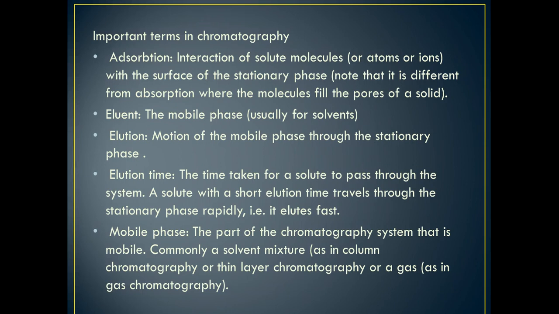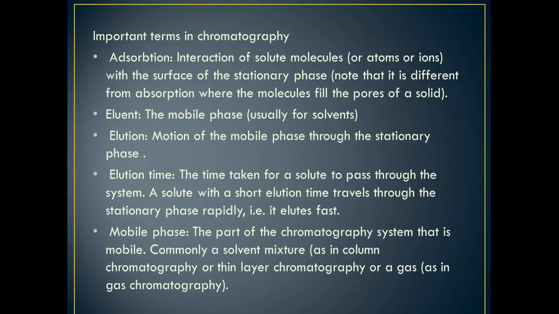Then eluent. Eluent is the mobile phase, and this term is basically used for solvents. Because we get a mixture of our sample solute, and we dissolve it in a solvent, then we pass it through the chromatography column for separation.